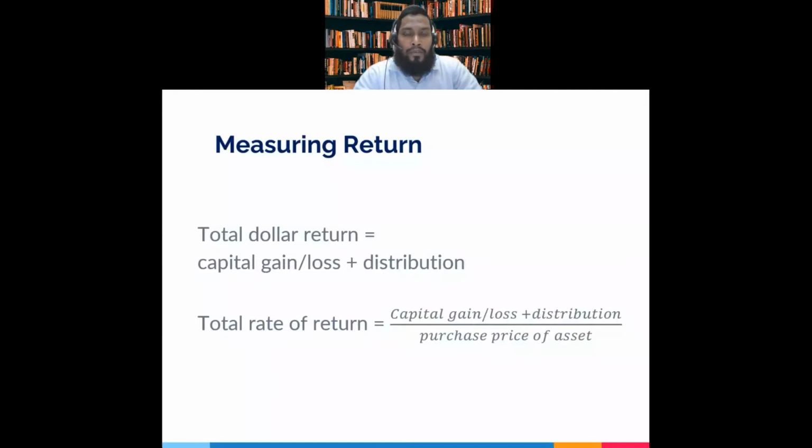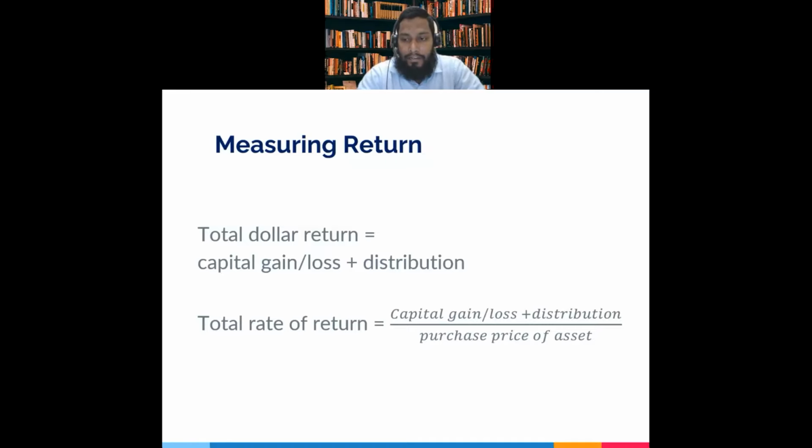Okay, so if we want to calculate the return of any asset, in terms of dollars, we call it the dollar return, which means how much dollar we get as a return from that asset. Usually we calculate the capital gain or loss plus the distribution.